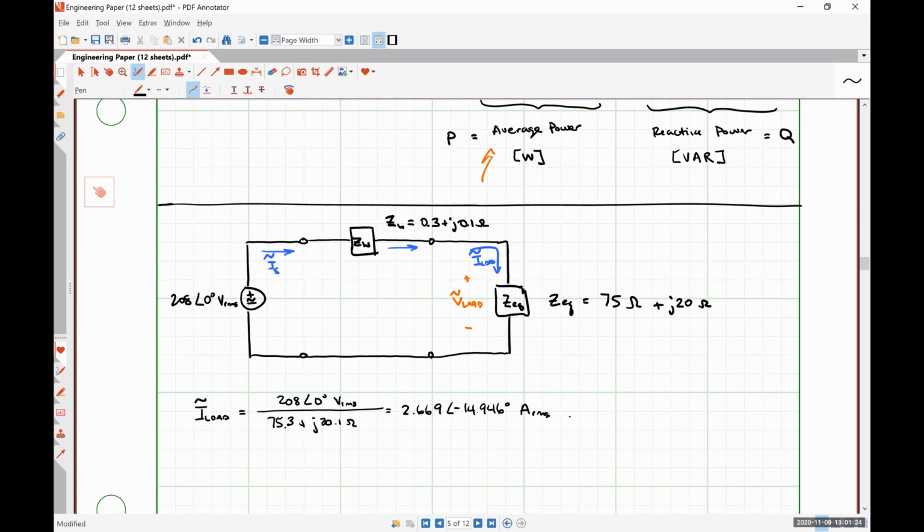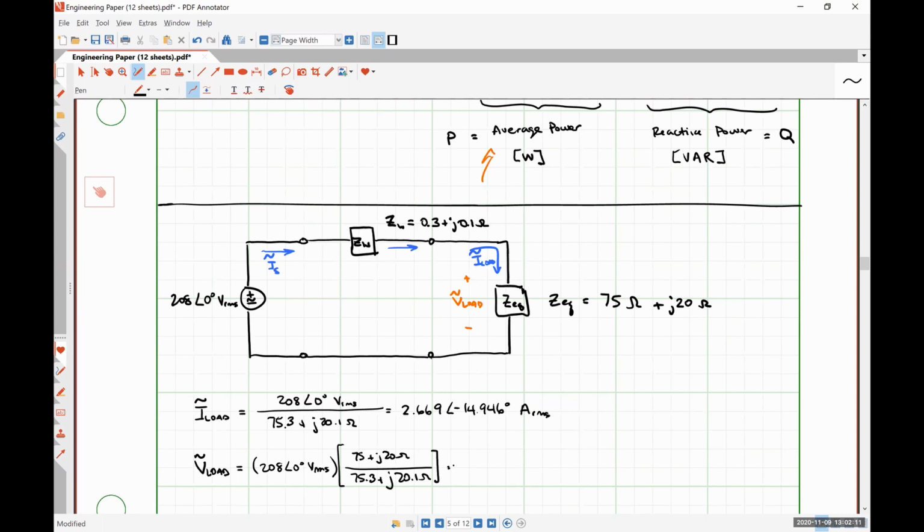All righty. So we could also determine the voltage drop over our load. Let's use, what was your name, sir, that suggested voltage division? Brandon. Let's use his suggestion. Using voltage division, we'd have 208 angle 0 degrees volts RMS multiplied by, in our denominator, the total series impedance, so again that's 75.3 plus j20.1 ohms. In our numerator, it would just be 75 plus j20 ohms.